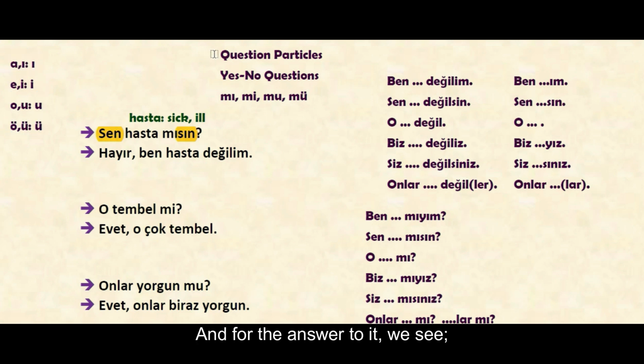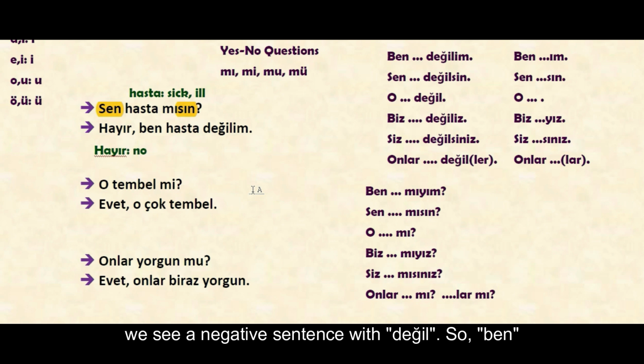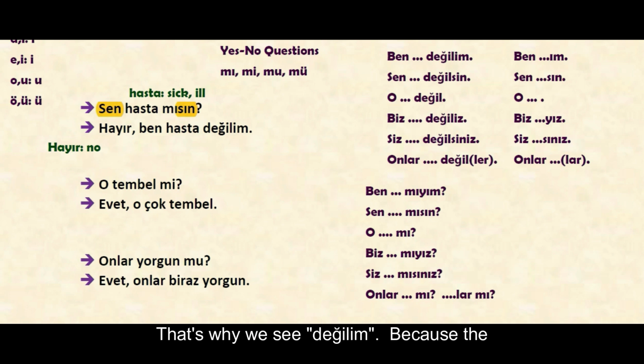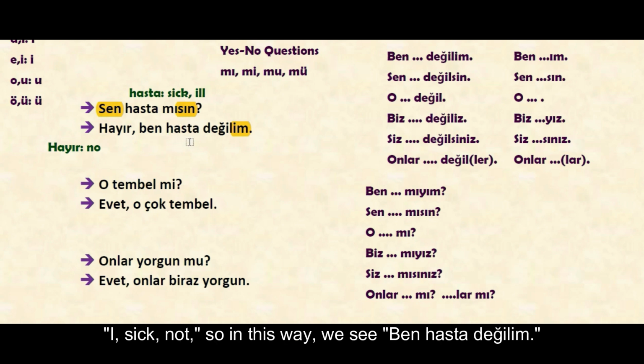And for the answer to it we see hayır, ben hasta değilim. Hayır means no. That's why we see a negative sentence with değil. So ben, the subject is ben. That's why we see değilim, because the subject of the sentence is ben. So ben değilim. I am not. What am I not? Hasta. Ben hasta değilim. I sick not.